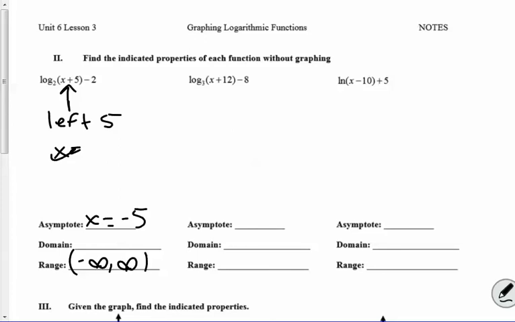All we need there is that equation. We want the equation of x equals some number for logs, y equals some number for exponentials. All right? And the asymptote will tell you what the domain is. It just goes from negative 5 to positive infinity. So try the other two, and I'll have the answers for you when you come back.